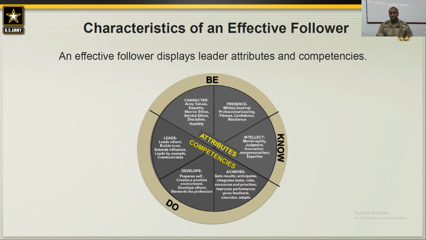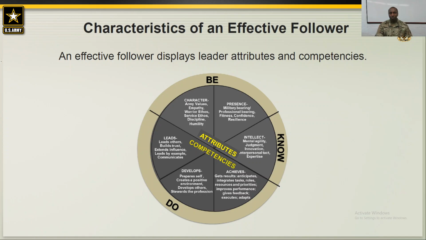Leads. We'll move into the competencies with leads. The effective follower's characteristic of proactive means more than just taking initiative. We also take responsibility for our actions, just like the leader does. This includes building effective relationships and trust with our superiors. Develops. The effective follower characteristic of enthusiasm is the way an effective follower creates a positive environment.